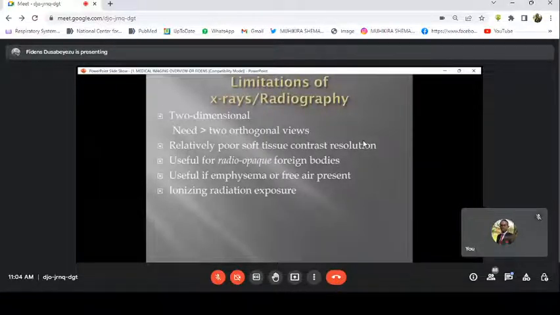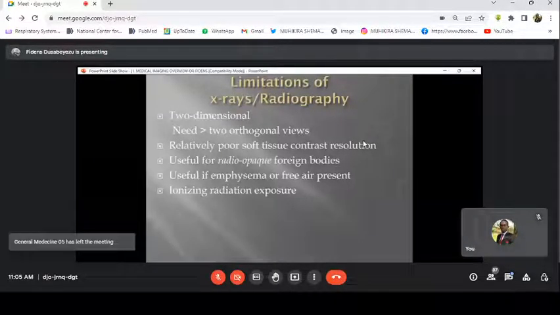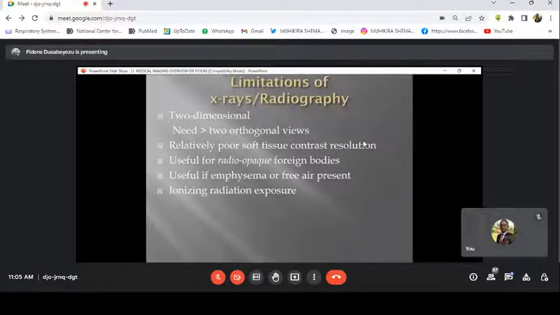Yeah, good. That's the reason why when we are requesting any imaging modality for your patient, you also have to consider the cost, the availability, and the capabilities of that modality to diagnose a disease, but also ionizing radiation exposure.